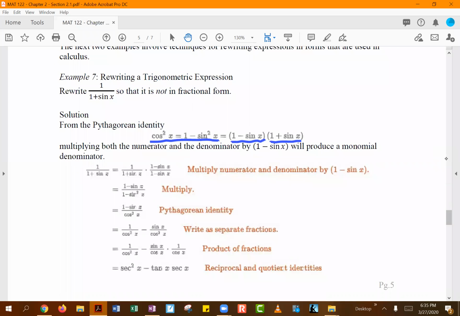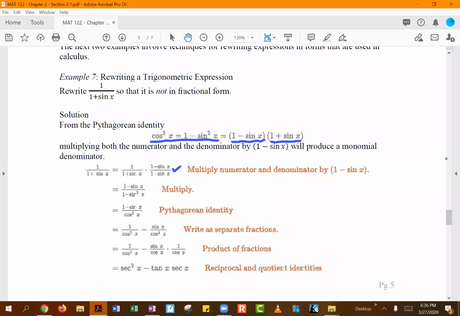So what's going to happen is if you look at your original expression here, it's 1 over 1 plus sine of x, which is one of these factors that we have here from our Pythagorean identity. So what we do is we take our given expression and we actually multiply it by the conjugate term, which would be the 1 minus sine of x.